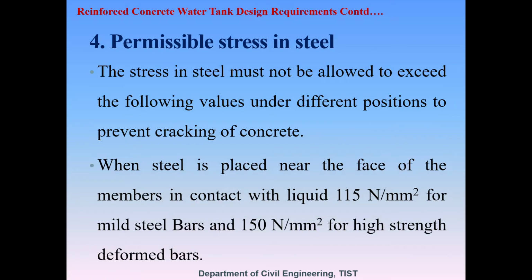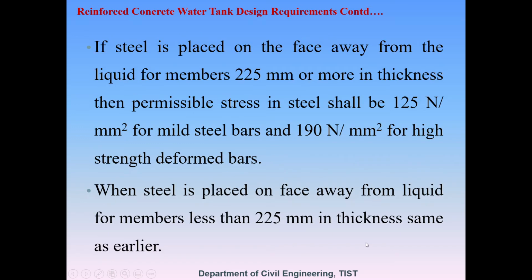Then the fourth one is permissible stress in steel. The stress in steel must not be allowed to exceed the following values under different positions to prevent the cracking of concrete. When the steel is placed near the face of the members in contact with the liquid, 150 Newton per mm square for mild steel bars and 150 Newton per mm square for HYSD bars.